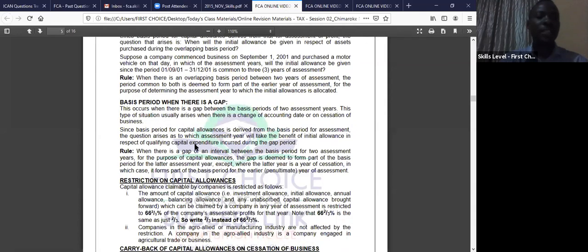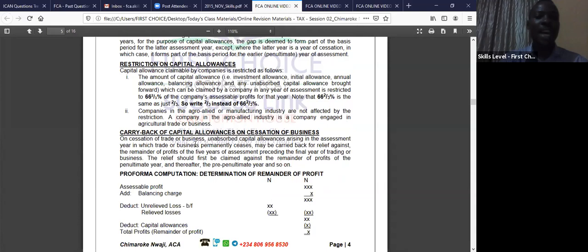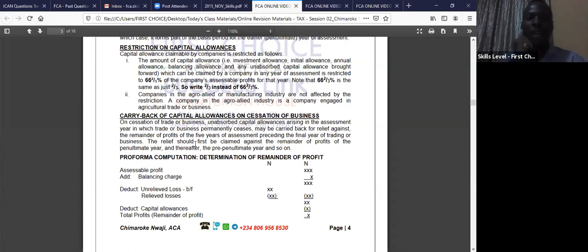Okay, then we have restriction on capital allowances. Now, if a company is into agro-allied or manufacturing company or industry, they are not affected by these restrictions.